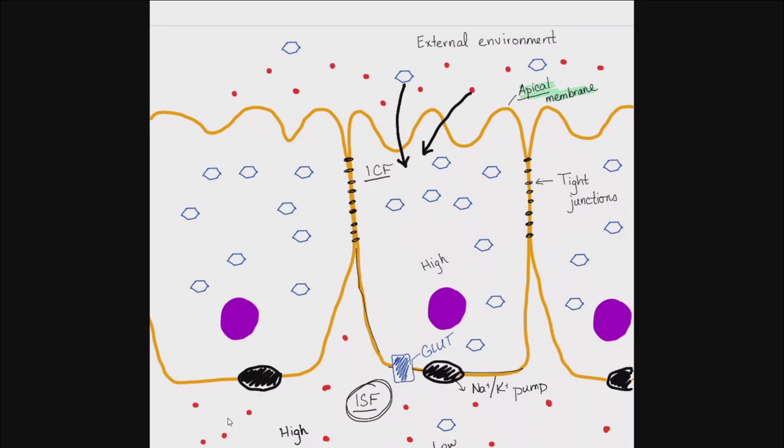So instead of just putting in a sodium channel and a glucose transporter or a glucose pump that I pay with ATP, I'm going to move both sodium and glucose together using a sodium glucose cotransporter, which is a type of secondary active transport. So let me go ahead and put that one in here. I'm going to move both of these into the cell together.